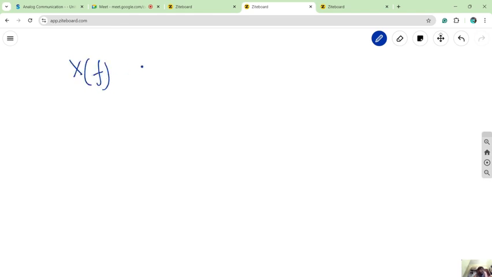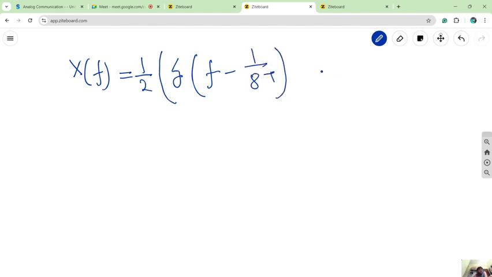Actually, X of f is equal to half of delta of f minus 1 by 8t plus delta of f plus 1 by 8t.